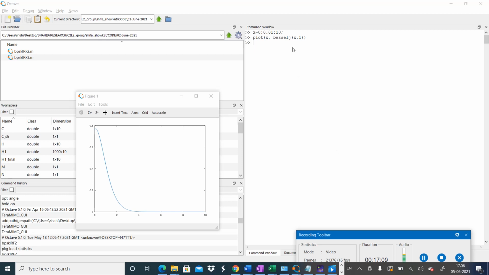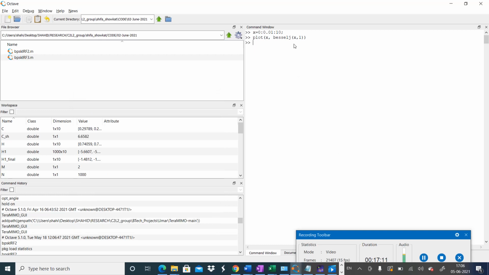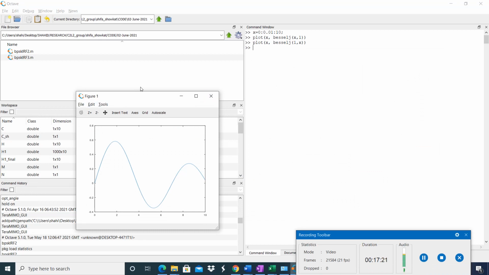We have to give 1 comma x, so n goes first in the argument. Okay, here is the plot.